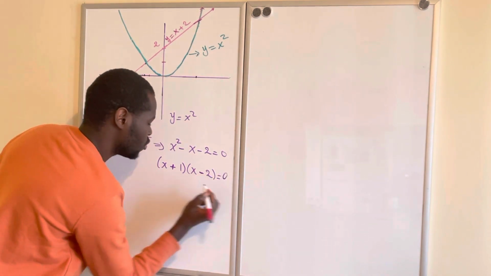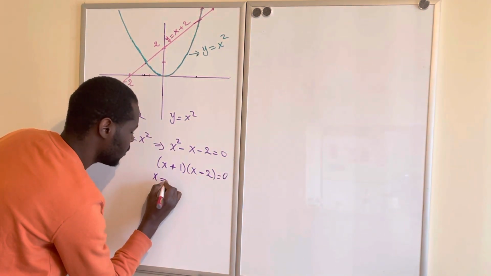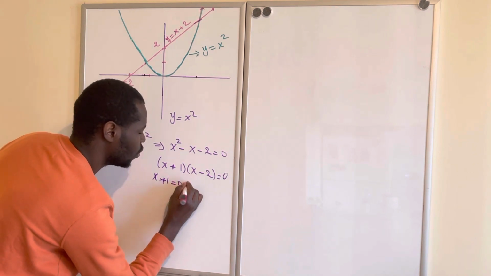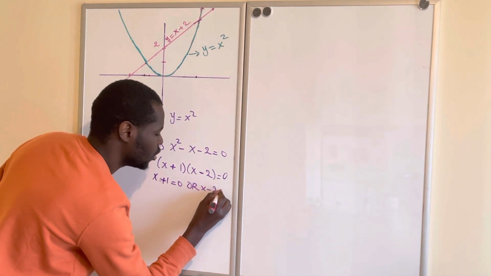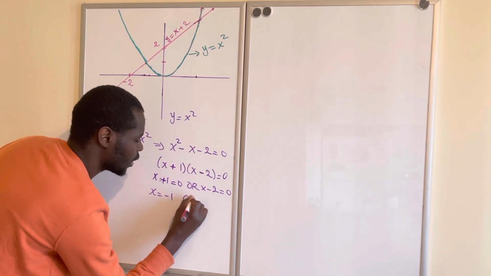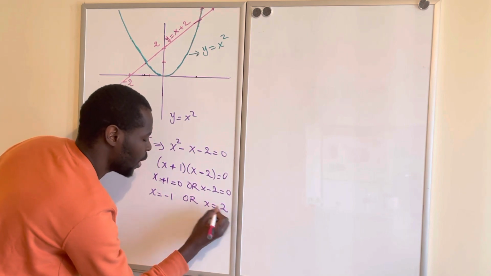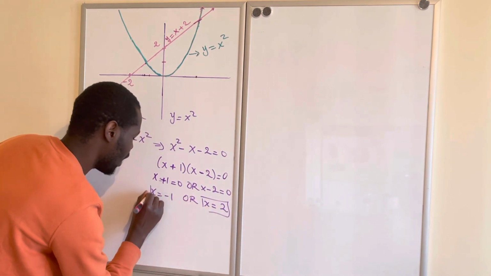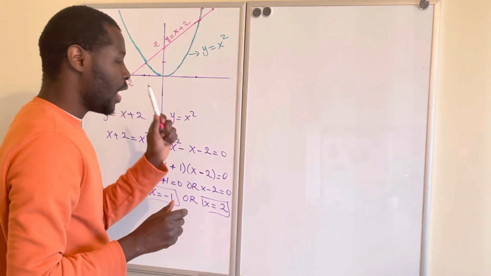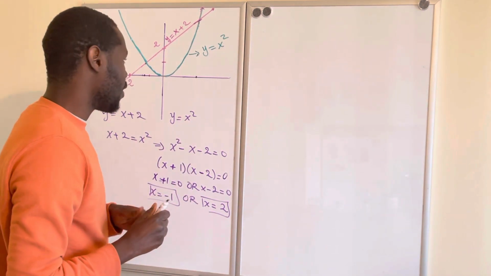Setting this equal to 0, we say x plus 1 equals 0 or x minus 2 equals 0, which means x equals -1 or x equals positive 2. These two values will be the two x-intercepts for our graph.